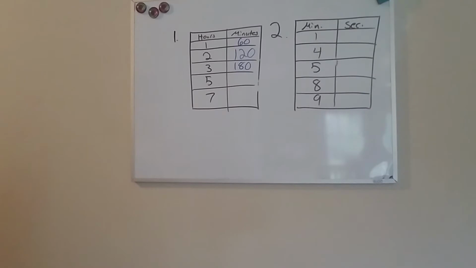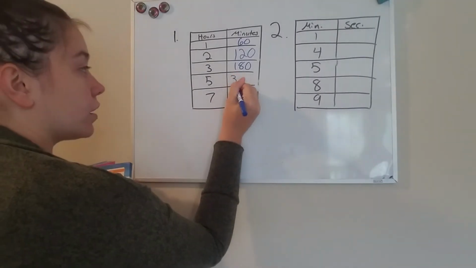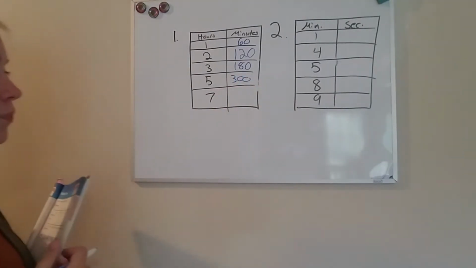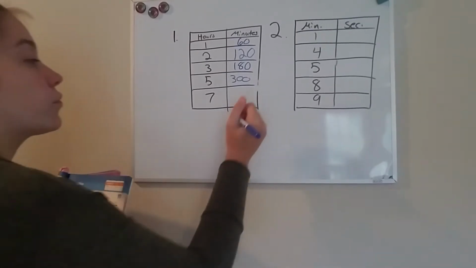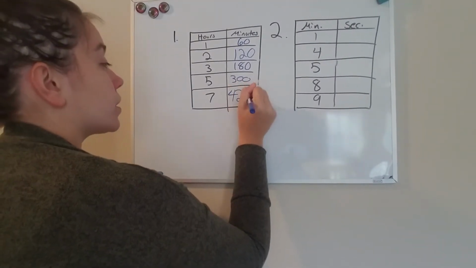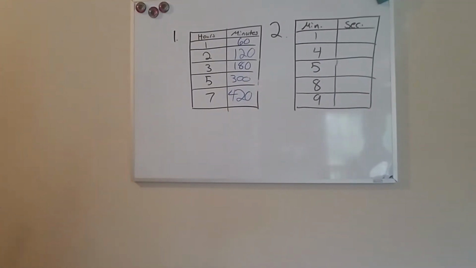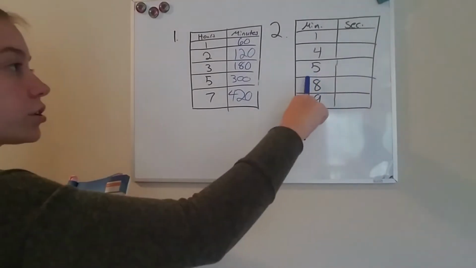Take a second and look. 5 hours is how many minutes? 300. And then we have 7. So make sure you look because we skipped certain numbers. We didn't put 4 or 6. How many minutes is 7 hours? 420. Good job.